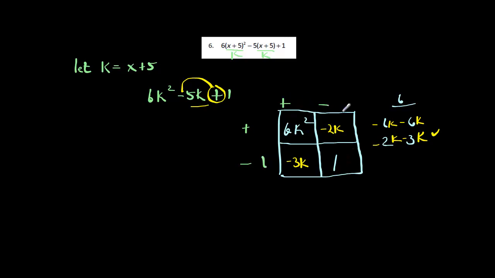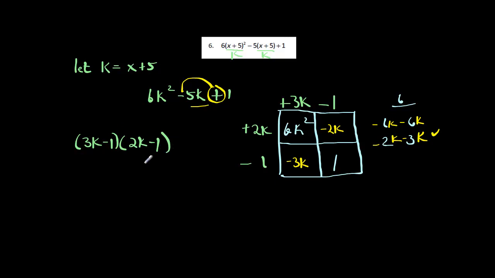Factor, that's a 1. Factor 3, sorry, I said 2x, but it should be 2k. So 3k and 1 here. So 3k minus 1 times 2k minus 1.